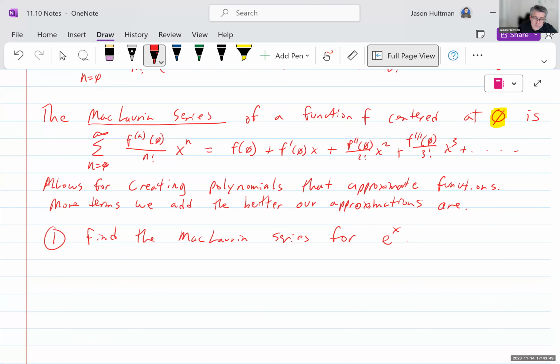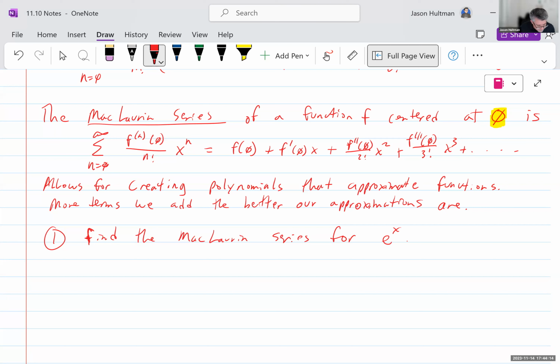That's why he's very famous. Right? You don't get famous in math for doing nothing. Okay? E to the x is very famous because he is his own derivative. Very interesting. Okay? Slope of the tangent line of e to the x is e to the x.